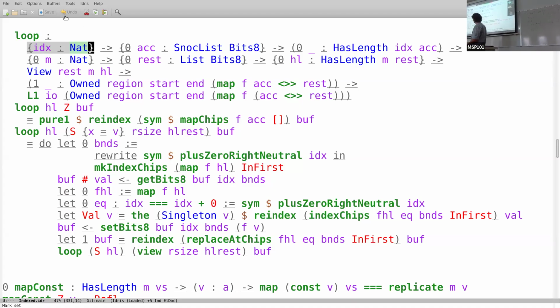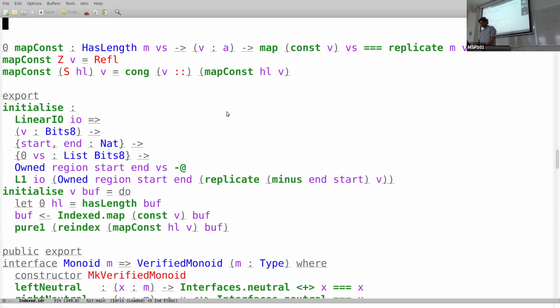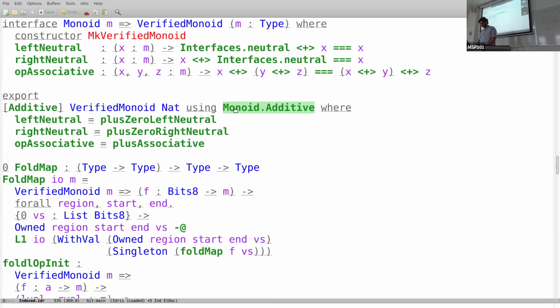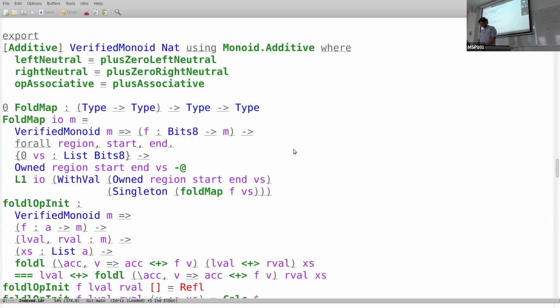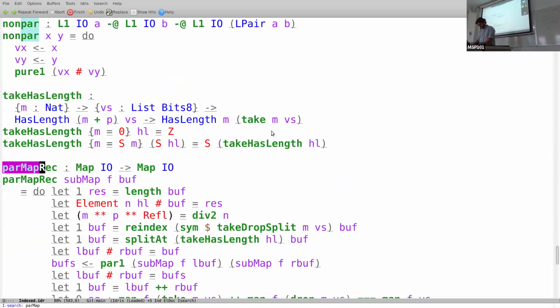The regions here are abstract. Okay, so then my initializing is just the same as my thing with constant function. I'm actually folding up with this.